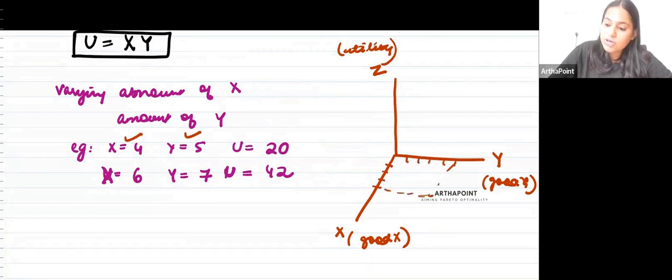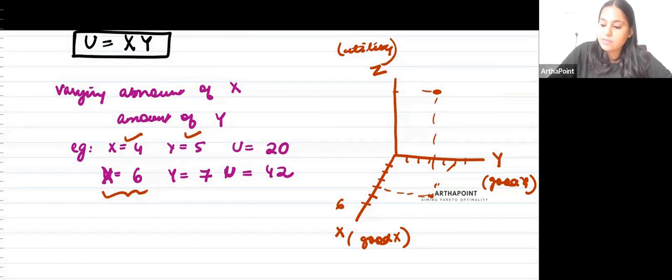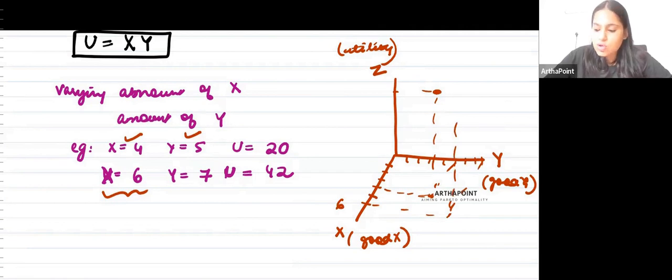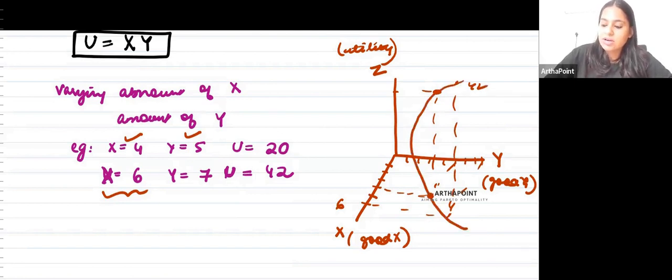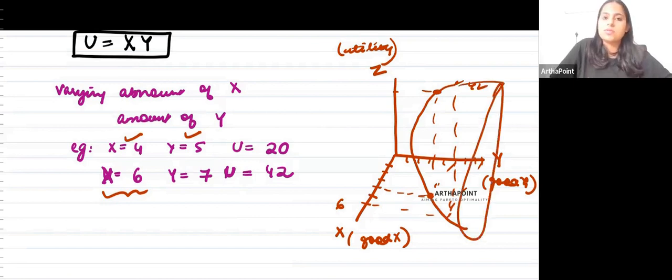That gives me a utility of 20, which must come on the Z-axis. Then I change X to 6 and Y to 7, and that gives me a utility of somewhere here, 42. So if I start jotting these points down, I must get a 3D diagram, something like this. I'm not completely making it, but something like this. I get a 3D diagram out of it.